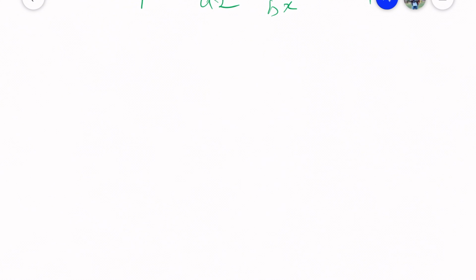So as we know now, a vector A can be given as A cos theta, which is its x component, and A sin theta.